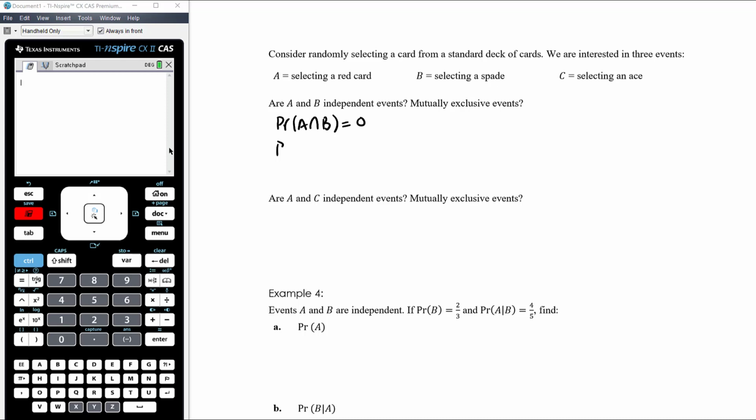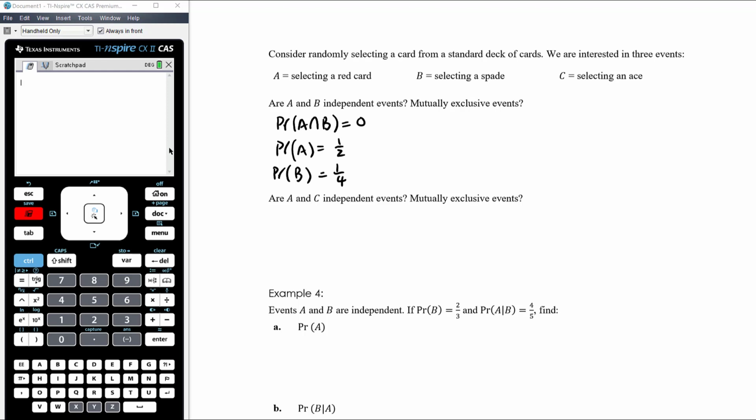To check for independence, we want to know whether the probability of A times the probability of B is also 0. So the probability of A, selecting a red card, is half, and the probability of B, selecting a spade, is a quarter.